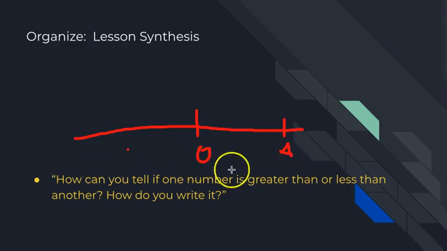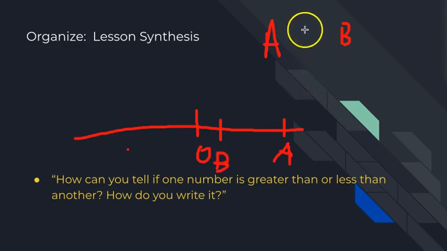So any number that falls to the left, in a comparison of A and B, it doesn't matter what number it is, the only point we're trying to talk about here is that if I have A and I have B anywhere to the left on a number line of A, then A is greater than B.